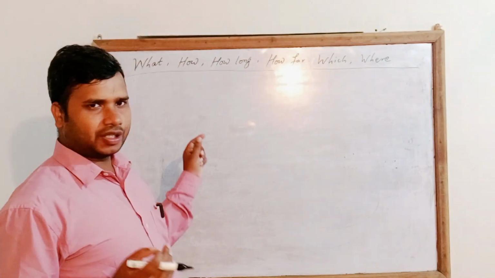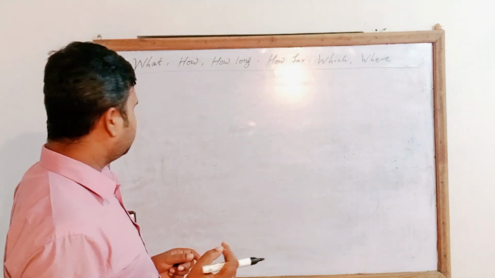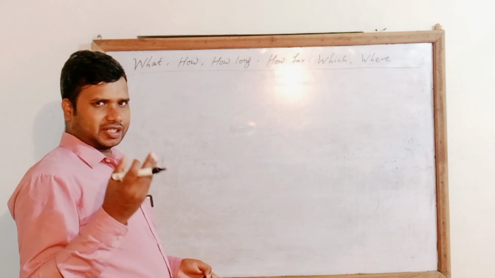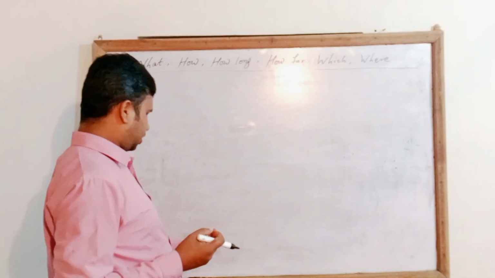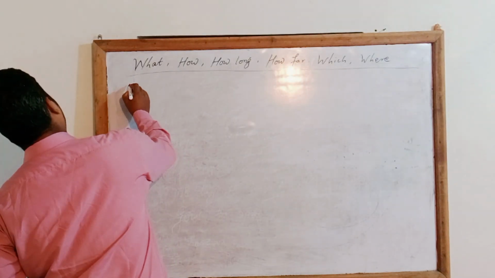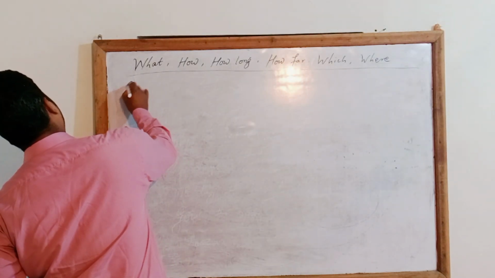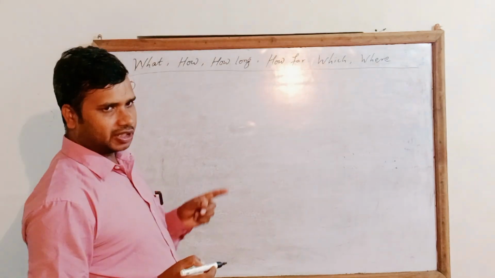So I provide you here ideas how to write correct answers from the passage. Just like what questions? Question number one, look here. What questions do I have from that sentence?